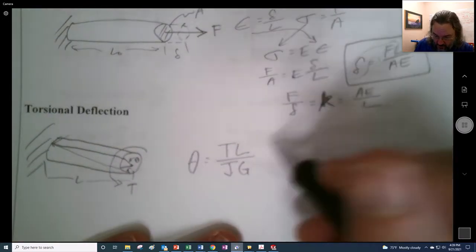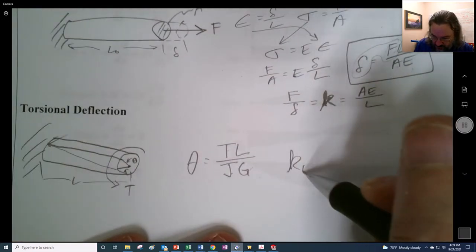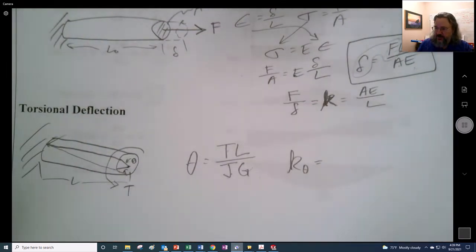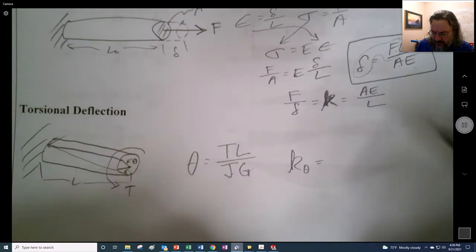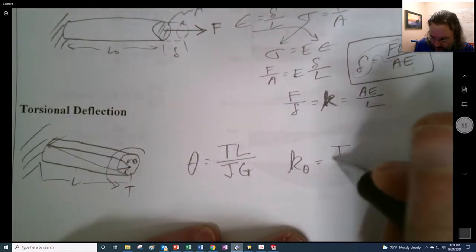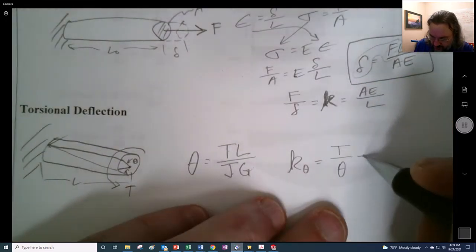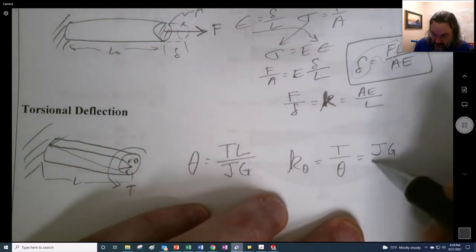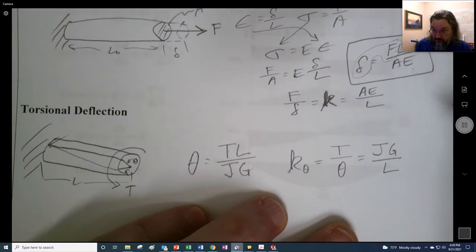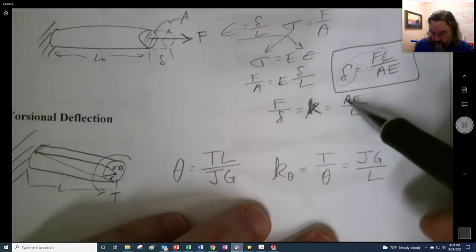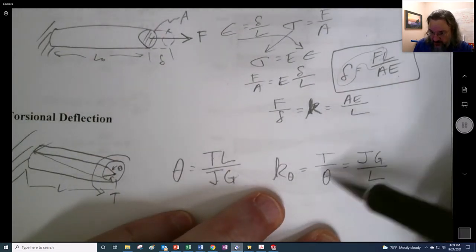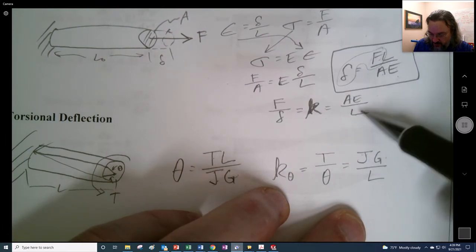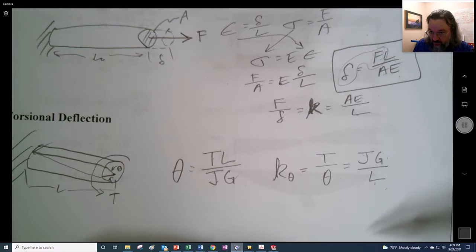And then we could also arrange, if we wanted to, a quasi-stiffness here. This is sort of like a rotational stiffness. That's why I put a theta in there. So we put load over deflection, and what we end up finding is JG over L. So in a similar way that we have stiffness up here, we have a cross-sectional property, a material property, and the overall length of this piece.